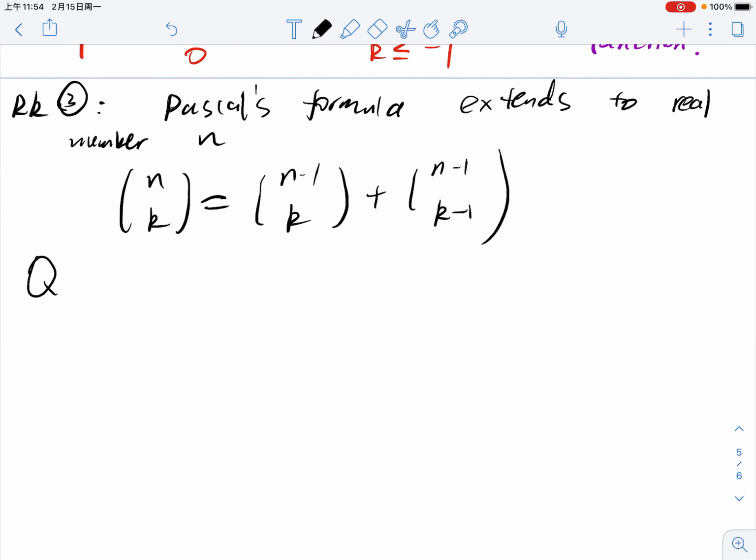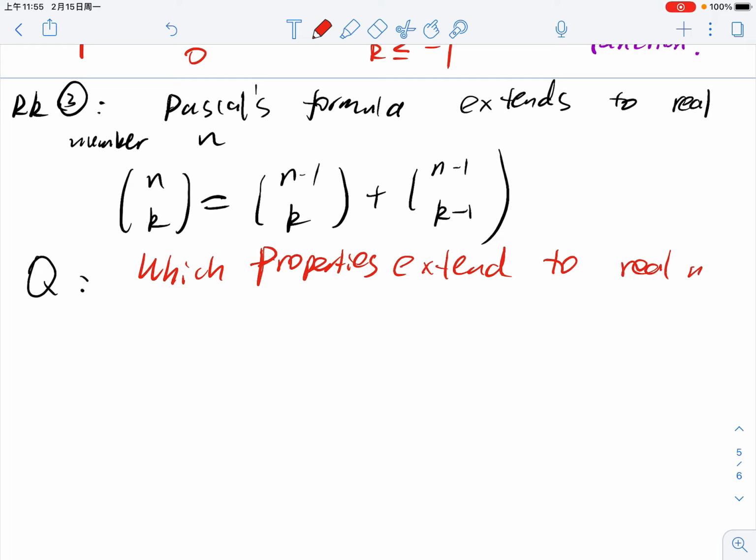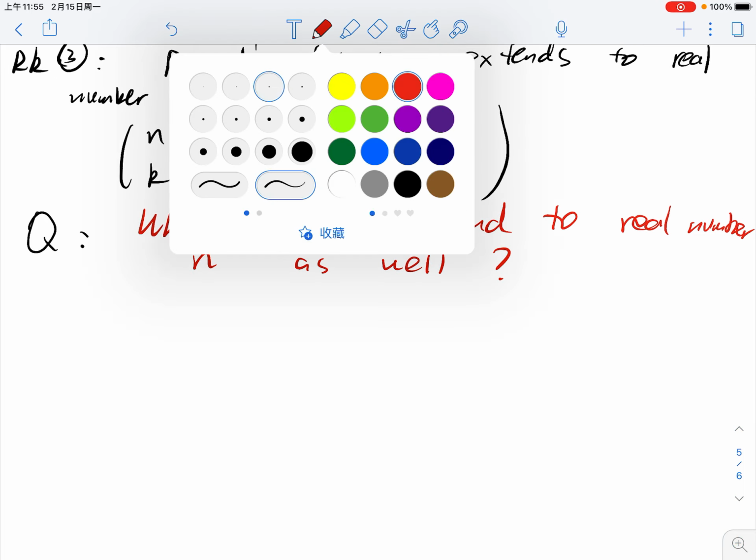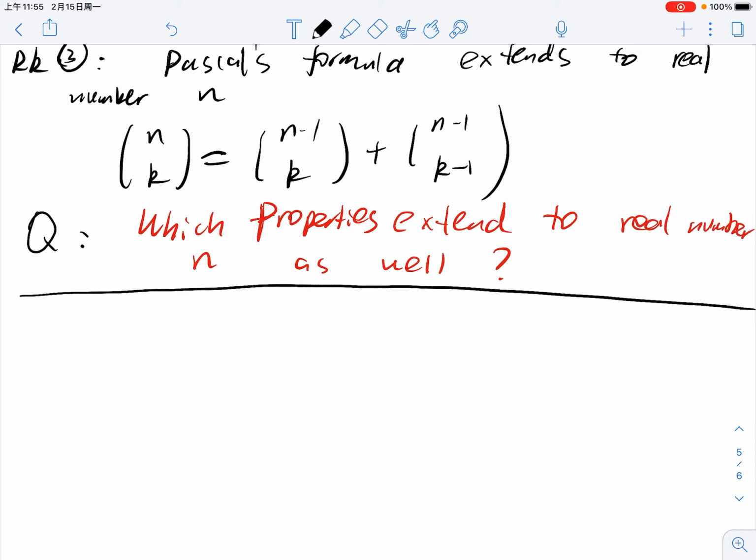And the question left to you is, which properties extend to real number n as well? You can check all the properties we had and see if they hold for real numbers.